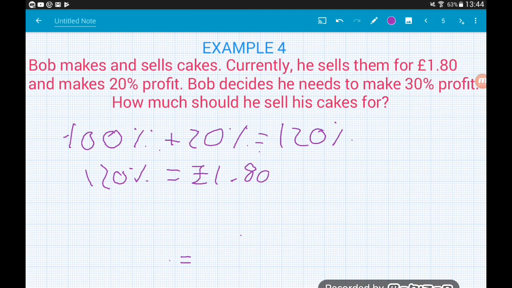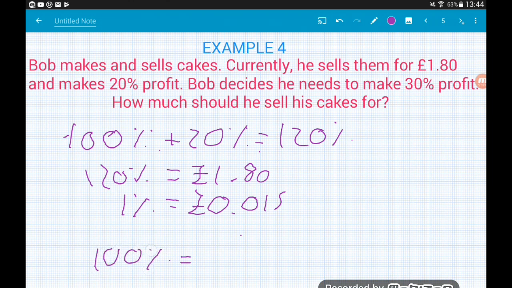We're going to do this exactly the same way as the last three questions. Find 1%, so divide both sides by 120. We get 1% is equal to £1.80 divided by 120, which is 0.015 of a pound. Then if we multiply both sides by 100, we get 100% is equal to £1.50. So it cost Bob £1.50 to make one of his cakes.